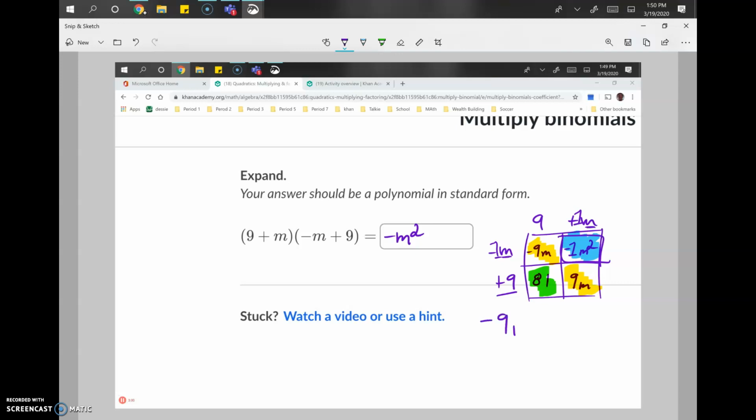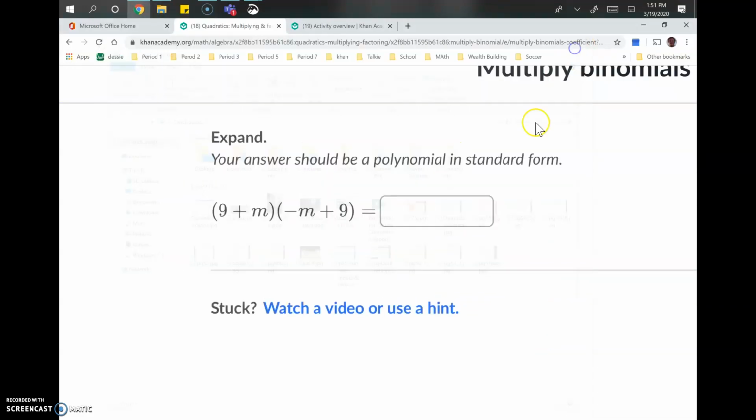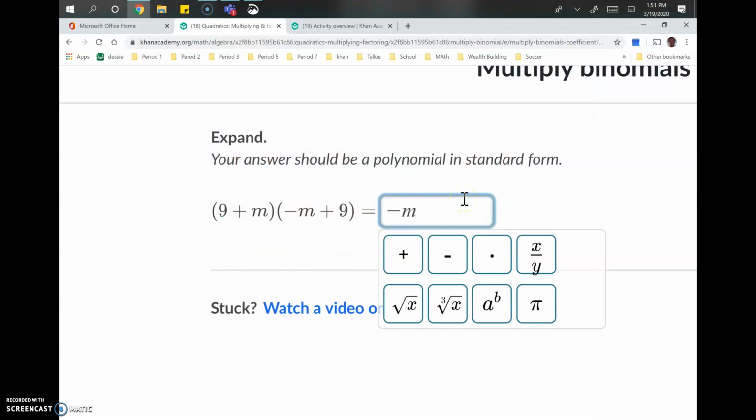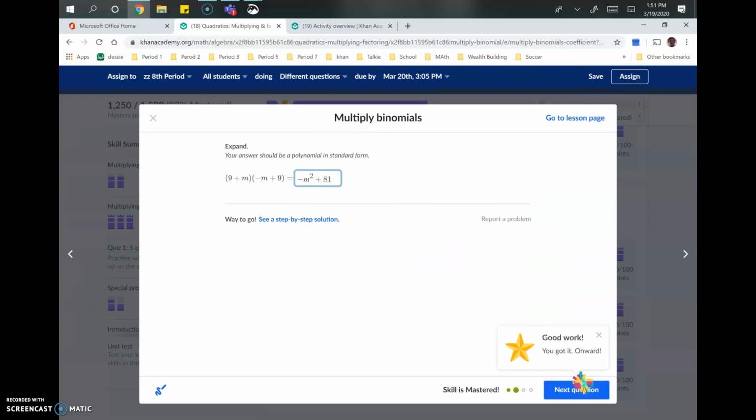We've got a negative 9m and a positive 9m. That would give us 0m, which is nothing, so we don't even have a middle term. Those zero out, and then we're just left with our constant of 81. So this one's kind of weird. We didn't even have three terms, we only had two. Negative m squared plus 81.